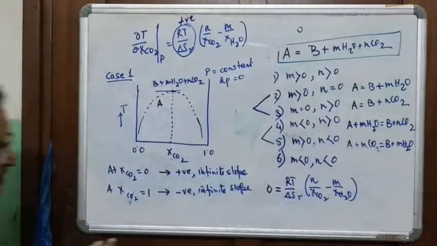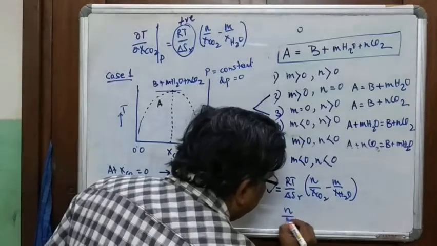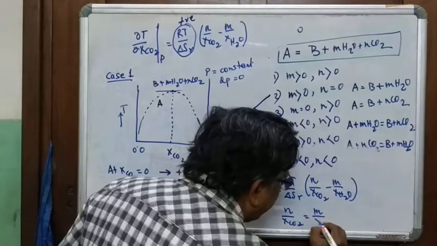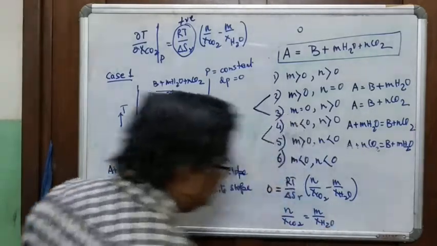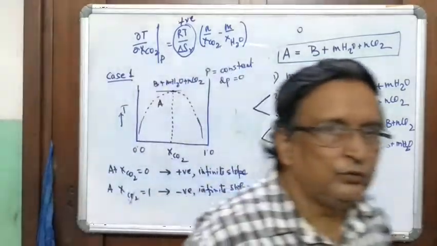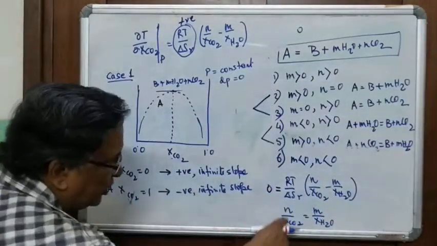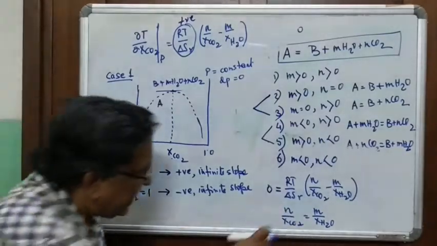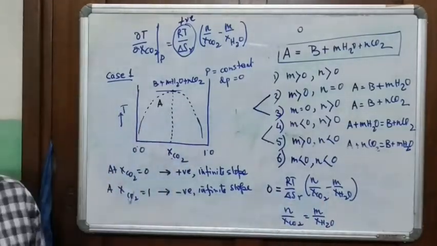Which leads us to the fact that N by XCO2 is equal to M by XH2O, because RT by del S R is not 0.